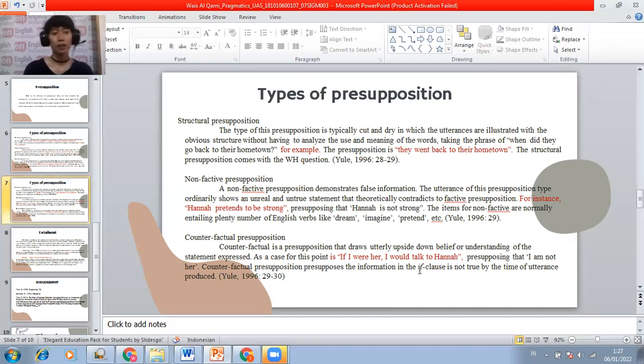The counterfactual presupposition presupposes that the information in the if clause is not true by the time the utterance is produced.